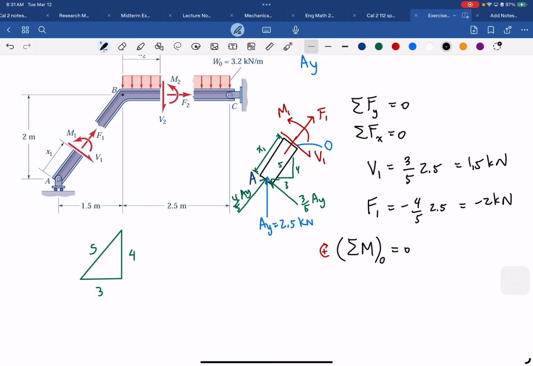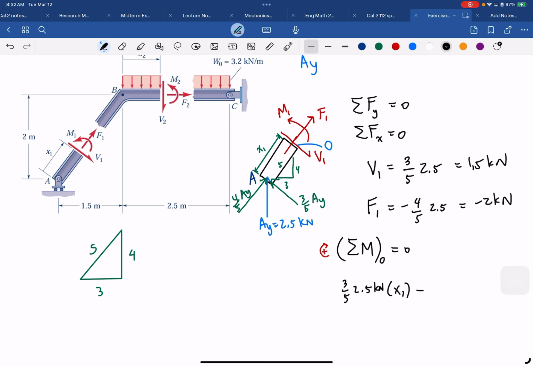So 3 over 5, right? 3 over 5, 2.5, multiply with x1 kilonewton, and then minus, what else do we have? We don't have anything left, right? Only that.